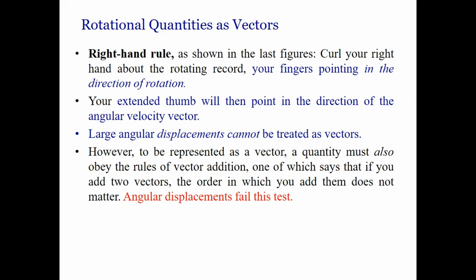A plus b vectors will result in some final form, then b plus a vector will have the same form. However, we have seen that if the angular displacements are large, they fail this test. Let's see how.